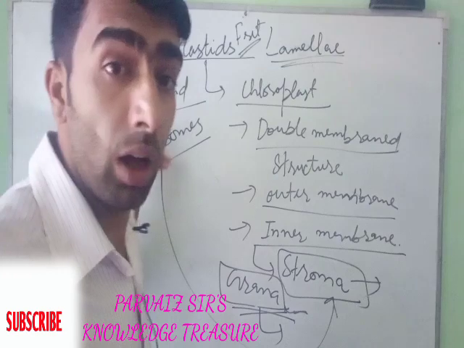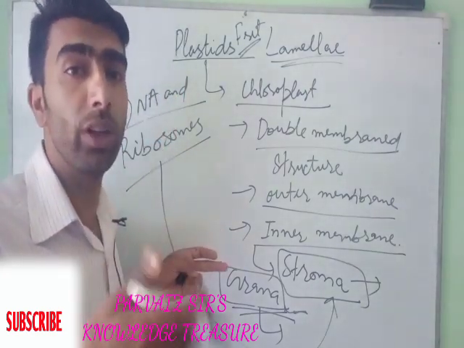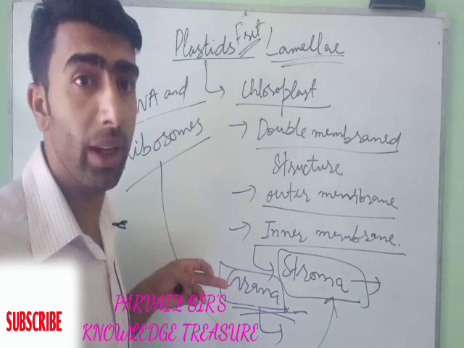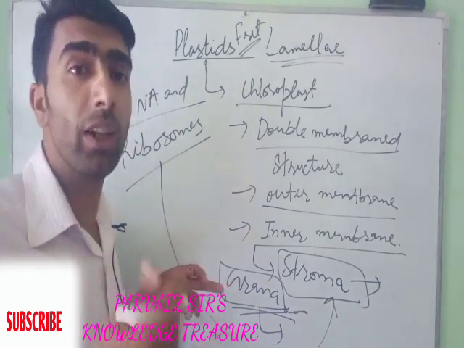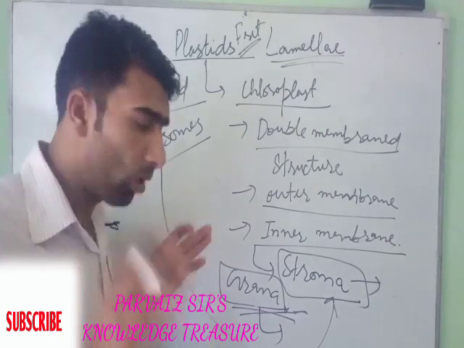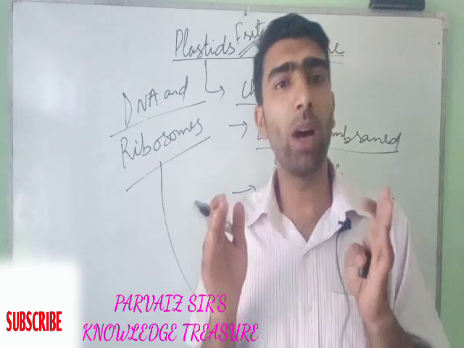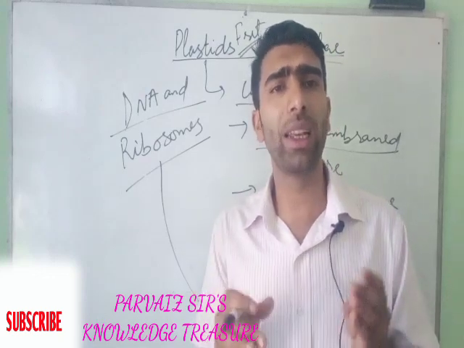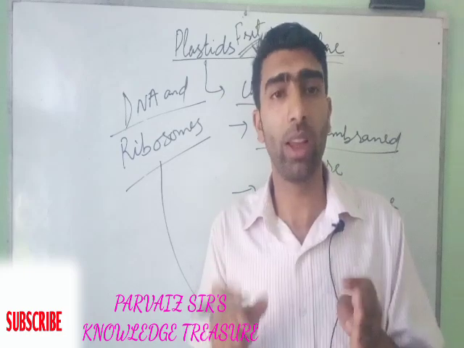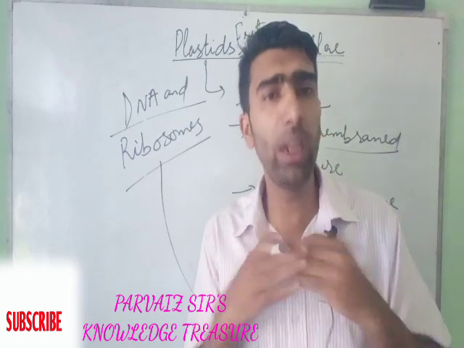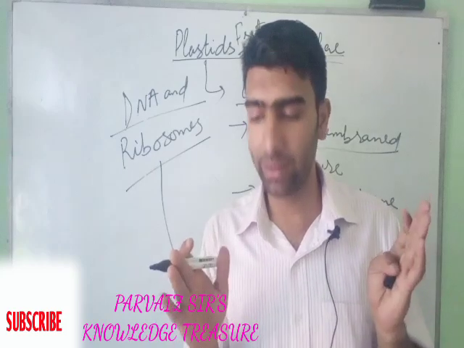It is capable of self-duplication, or replicating on its own because it has its own DNA. With ribosomes, it can manufacture its own proteins also. So in short, chloroplast and mitochondria are the two organelles in the cell which are semi-autonomous, not completely dependent on the nucleus of the cell.